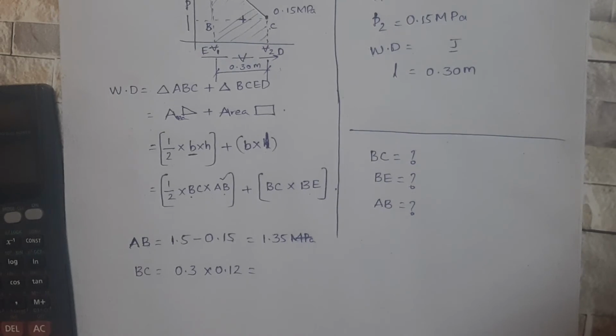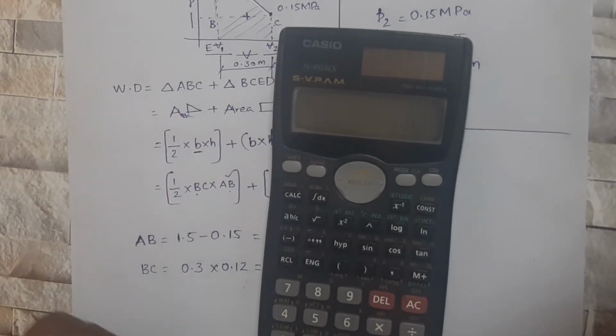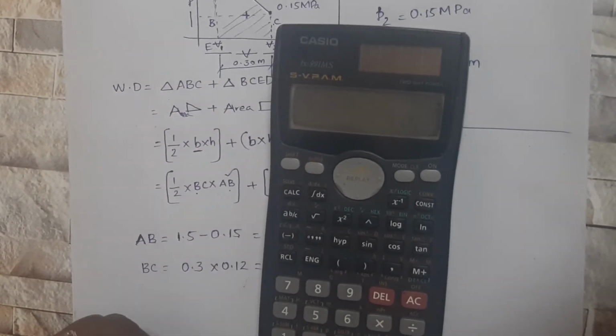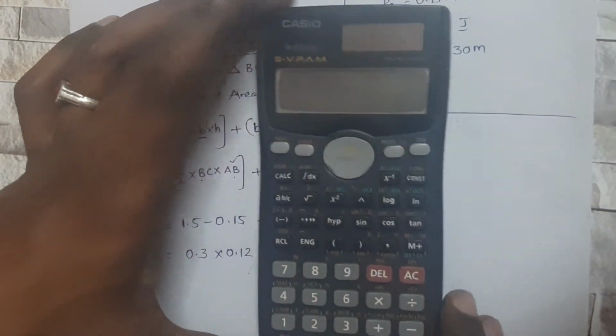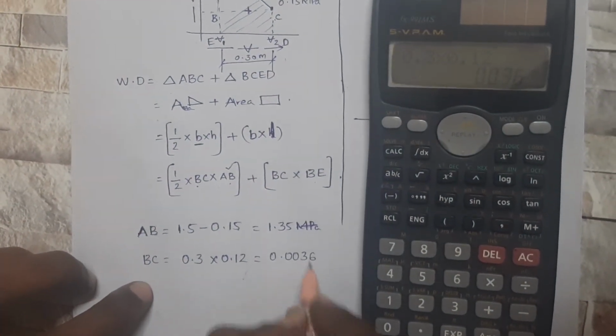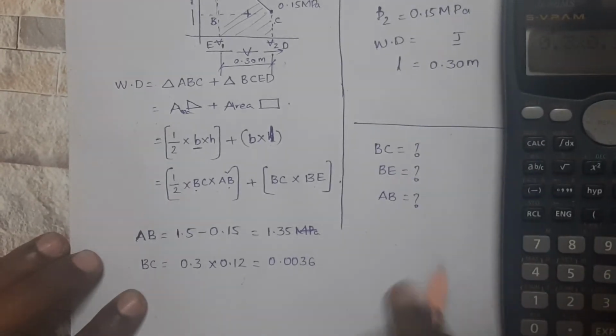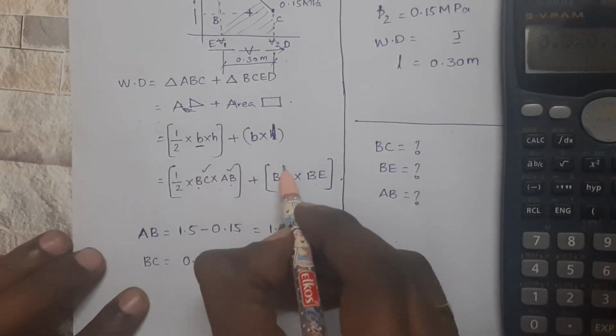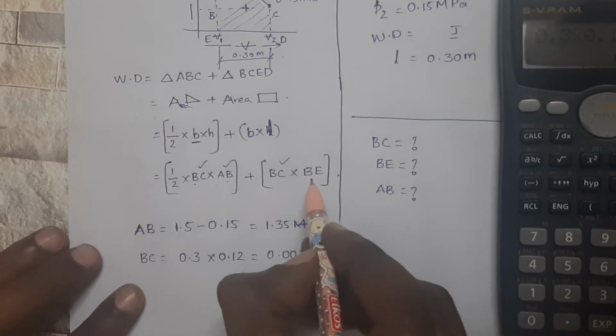So 0.3 into 0.12 will get the answer as 0.0036. So BC, we got this one. Finally, we need to calculate BE.